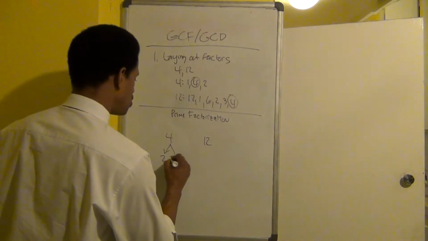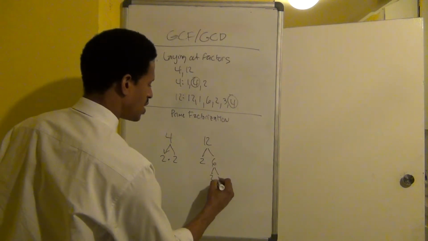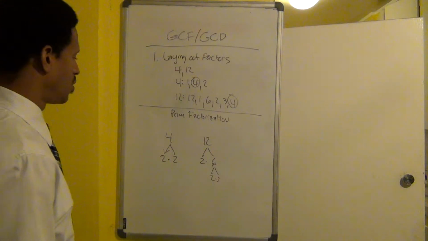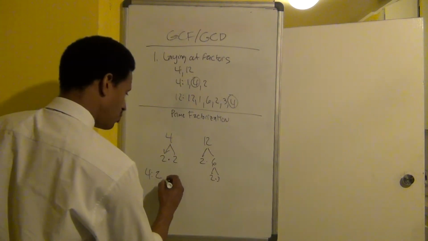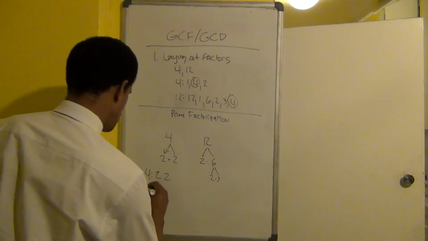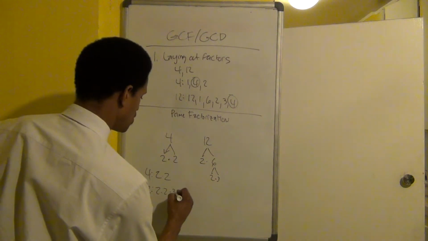So 2 times 2, we'll go here. I'm going to do 2 and 6, and go here 2 and 3. So we go here, and I might go 4 equals 2 times 2, and then here for the 12 I have 2 times 2 times 3.